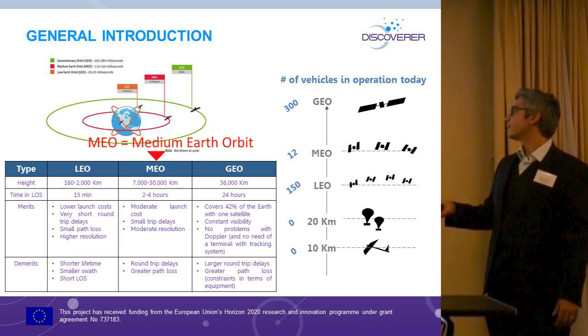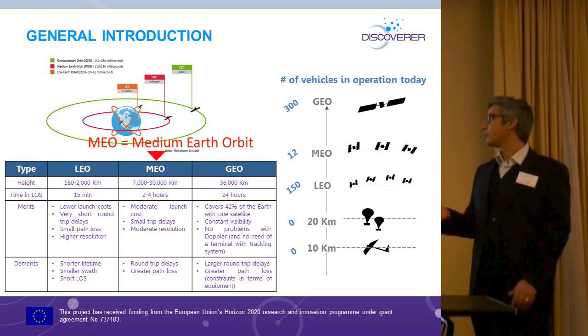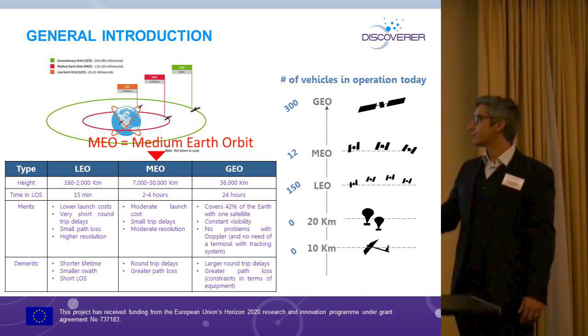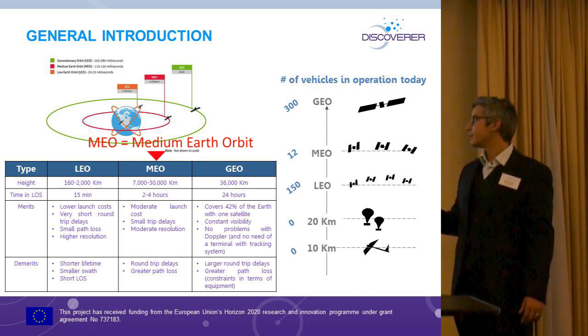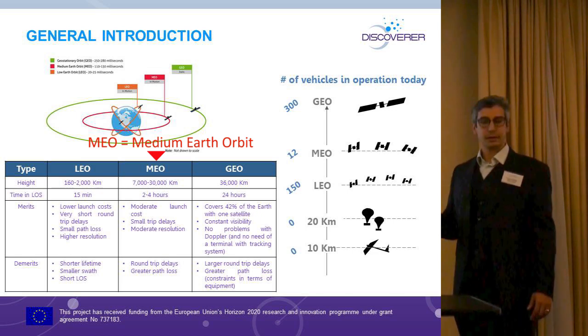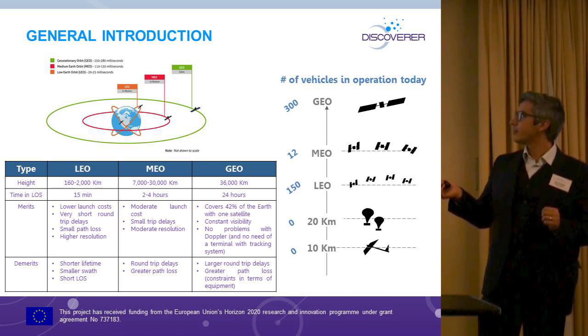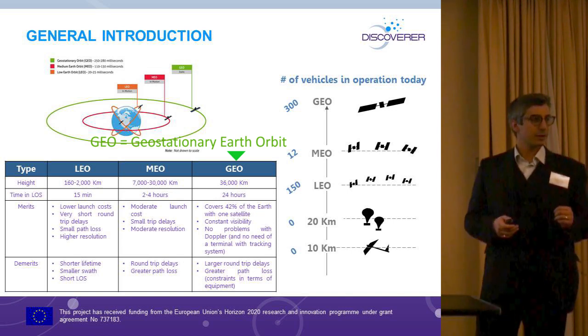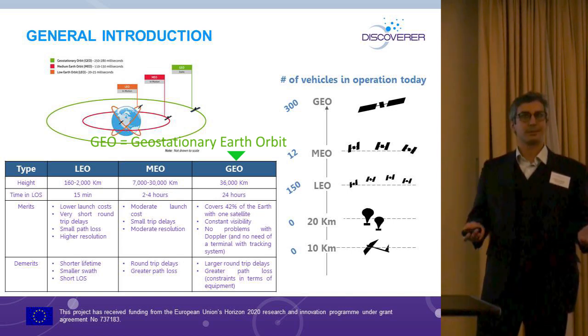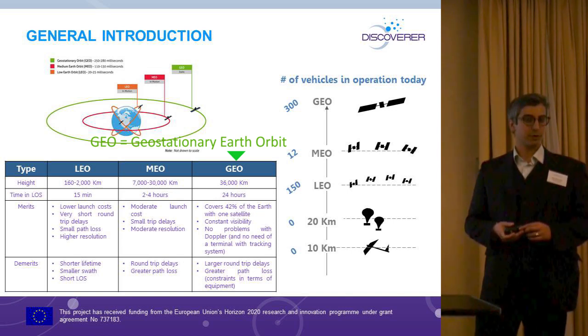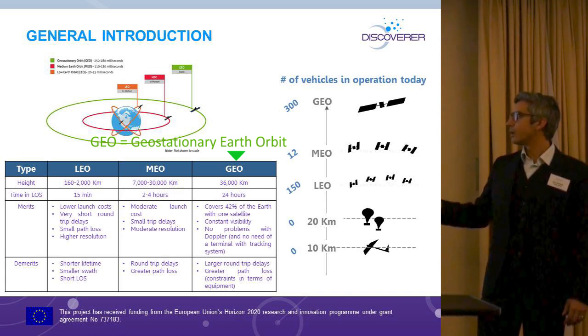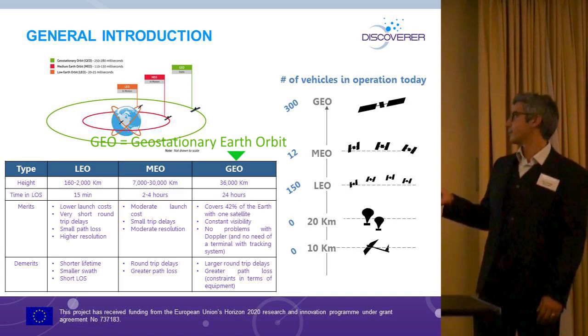Then we have MEO, which is a middle orbit between LEO, which is the closest one to the Earth, and GEO, which is the one at 36,000 kilometers. And then we have the geostationary orbit, which is the most used in terms of commercial companies, because of different features that we will discuss in just a few seconds.